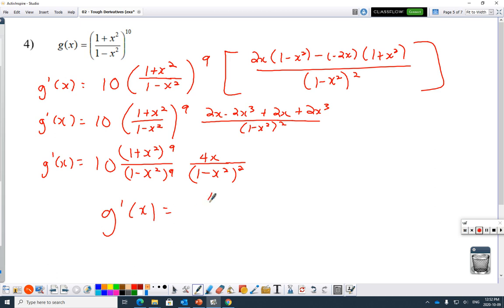And on the top, I get 40x, 1 plus x squared to the 9th. And the bottom, I got 1 minus x squared to the 11th. So if you're looking for an interesting exercise, some extra work, you take this and put the exponent 10 on both at the start, and then try the derivative that way and see if you can land it.